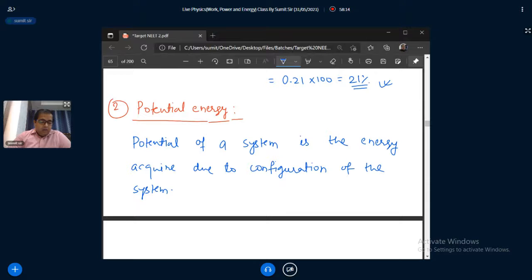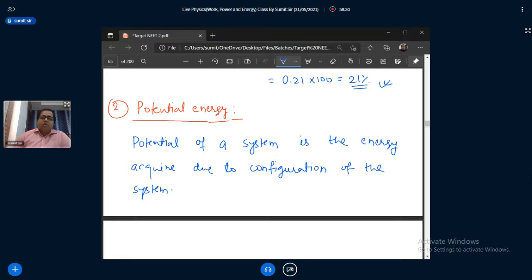Now, you just know this thing here means potential energy. First, we will study the concept of conservative and non-conservative forces. After that, we will study potential energy again.